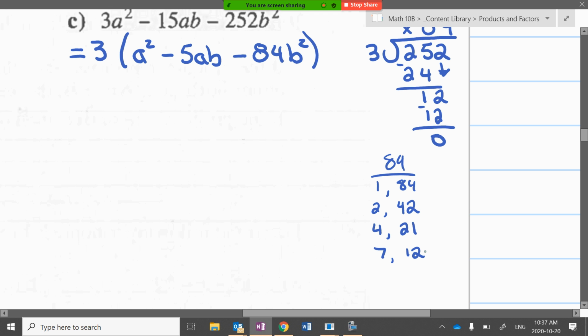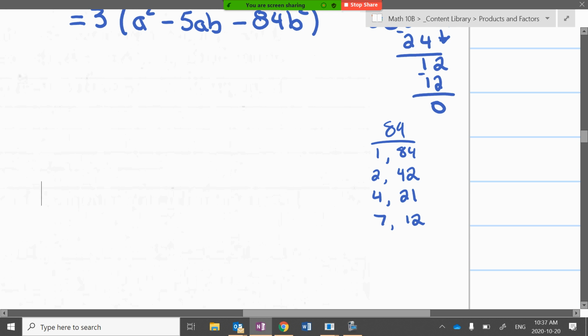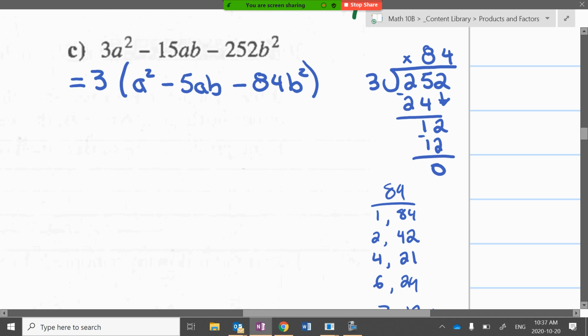If 12 goes into it, does that mean 6 goes into it? Yes. So if we have 7 and 12, which is our answer, that also means 6 is going to go into it with double that. So 6 and 24. 7 and 12. So we get a, this is a b, a, this is a b. 7 and 12. Which one's positive and which one's negative?